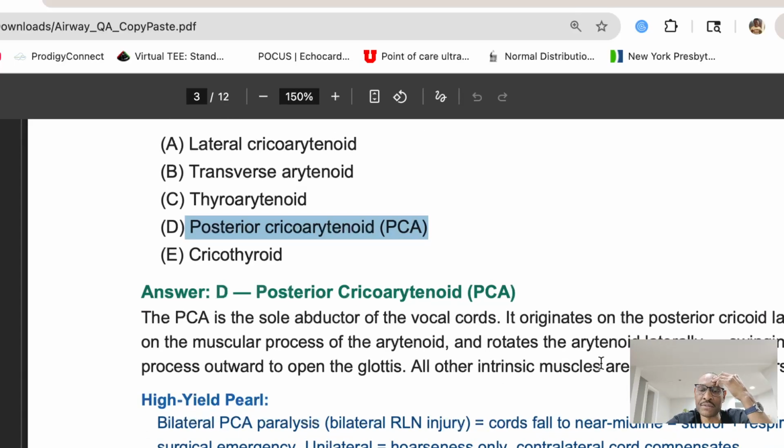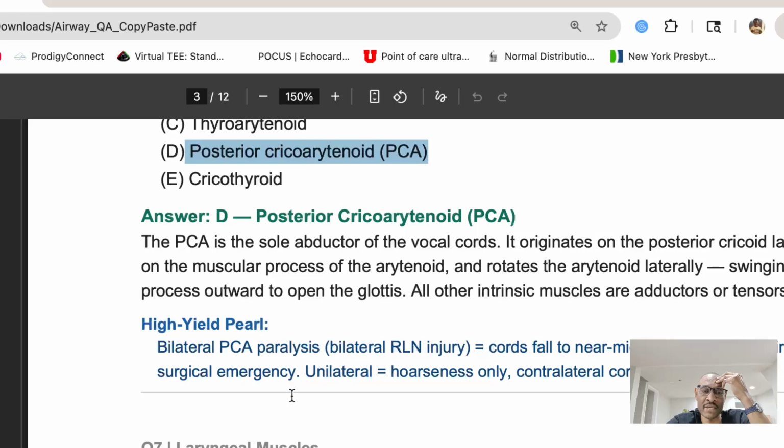All other intrinsic muscles are either adductors or tensors. Remember that. The posterior is the only one that abducts. Here's a high yield pearl. Bilateral PCA paralysis signals a bilateral recurrent laryngeal nerve injury. So the cords fall to near midline, which leads to stridor and respiratory distress, which is a surgical emergency.